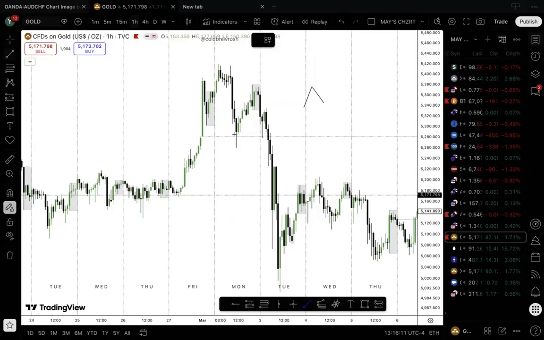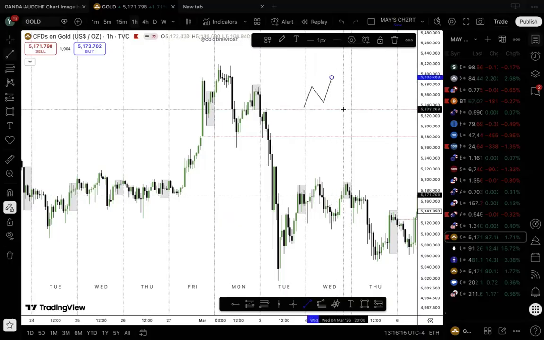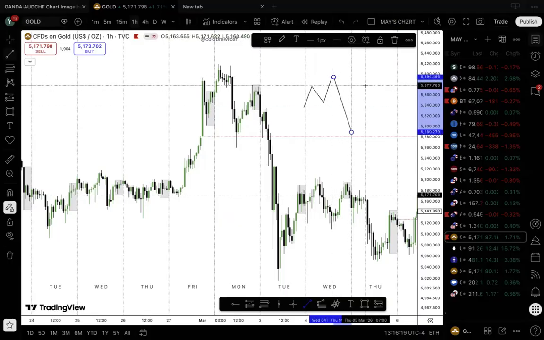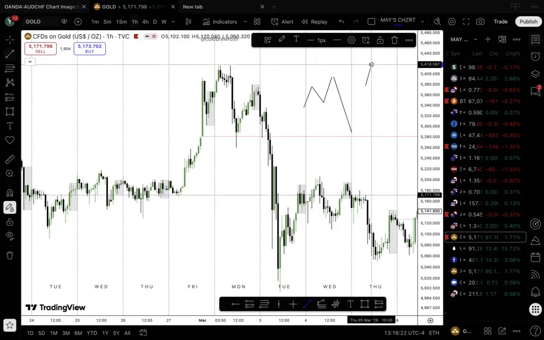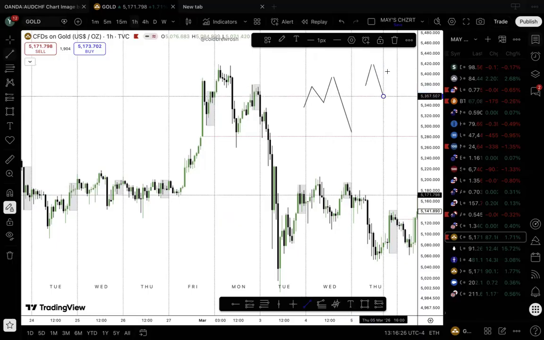The first one is it's going to take out buy side liquidity and run lower. And the second one is it's going to form a high, and fail to take out buy side liquidity, and it's going to go lower.